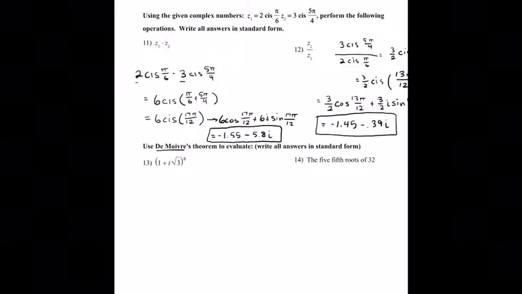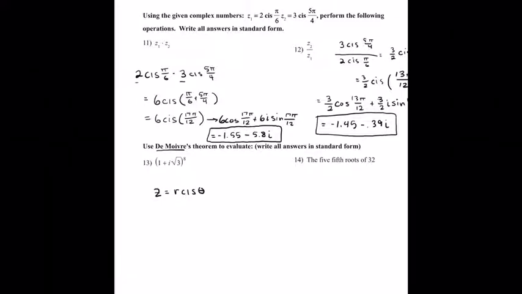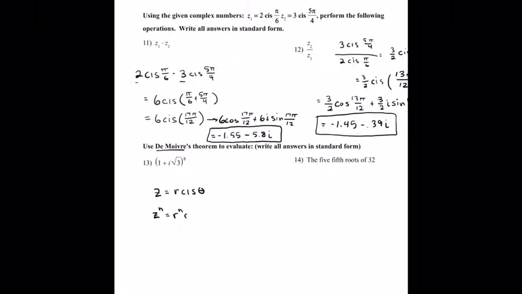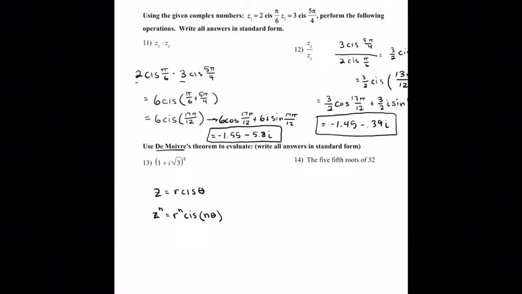Okay, and then De Moivre's theorem says if we have some complex number in trig form, then z to the power of n is r to the n, and then you multiply the angle by that power. So what we need to do is convert this complex number into trigonometric form first, and then we can apply De Moivre's theorem.